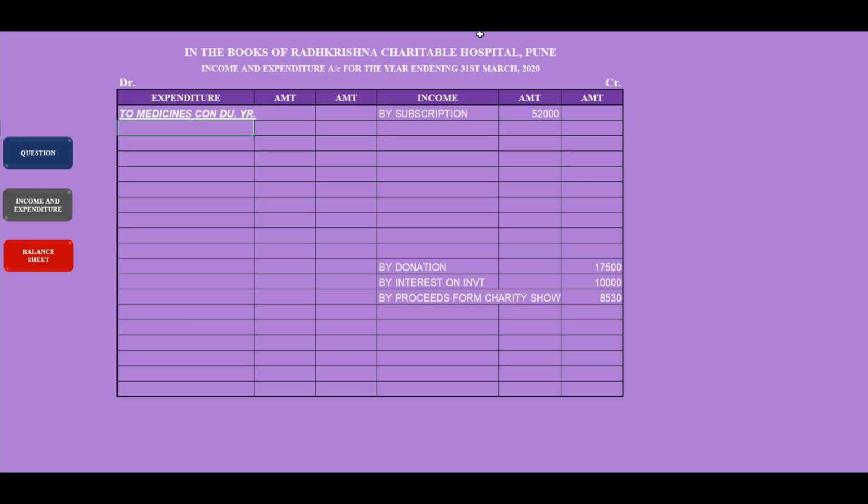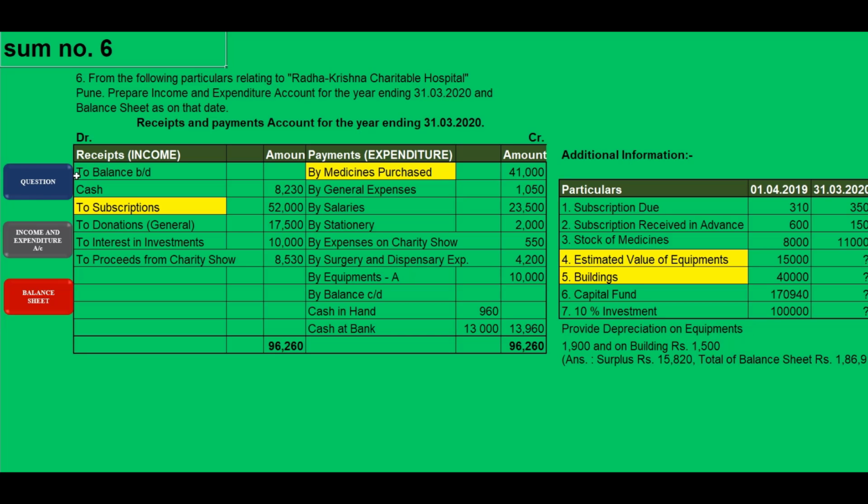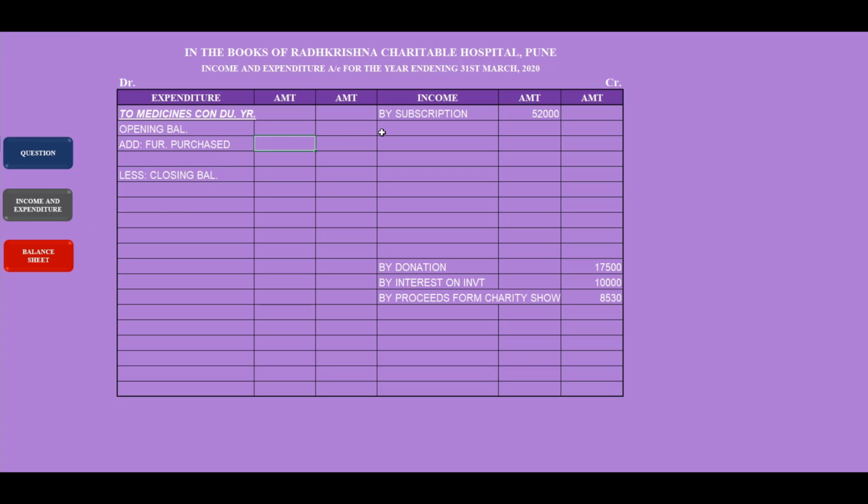Below that you will first write the opening balance of medicine, then you will add further purchase, then less closing balance. This one is further purchase 41,000. So here I'll write 41,000.